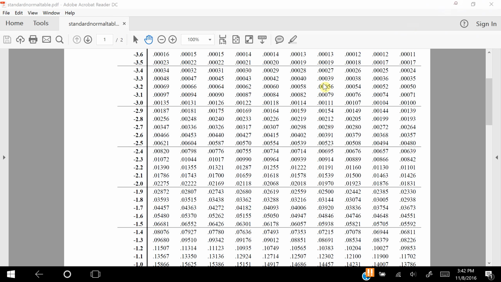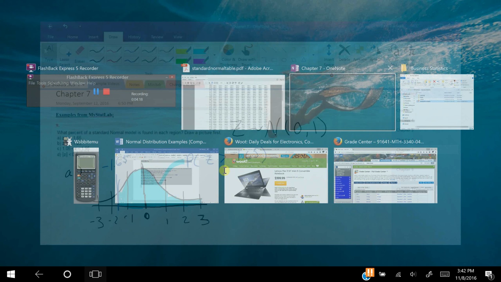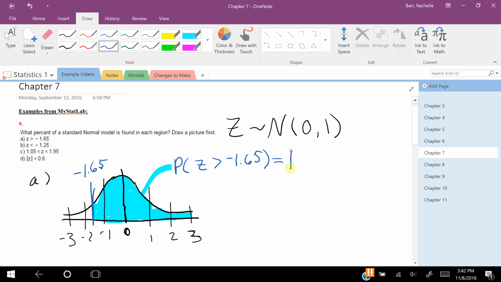Because remember, this is giving me area to the left, but I want area to the right. So if I use the table, I have to do 1 minus the probability that z is less than negative 1.65, which would be 1 minus the value I got off the table, 0.04947.